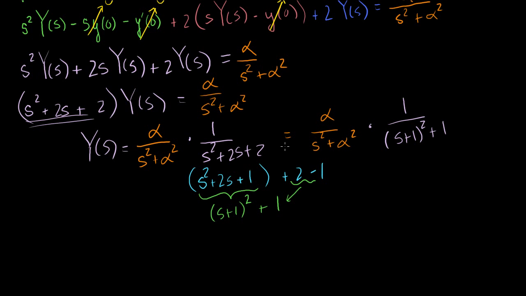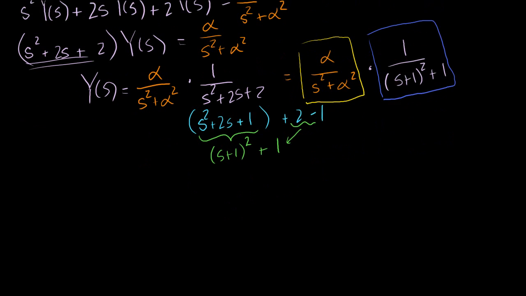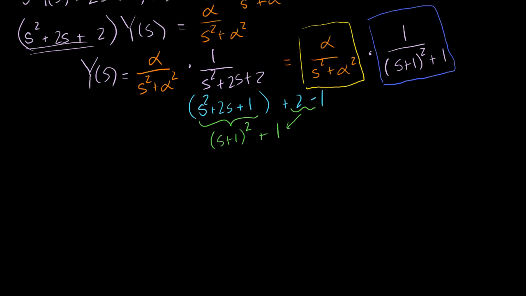Now, I already said I know what the inverse Laplace transform of the first factor is. Now I just have to figure out what the inverse Laplace transform of the blue thing in the blue box is. And then I can express it as a convolution integral. And how do I do that? I could just do it right now. I could just immediately say that y of t, let me write this down, y of t.